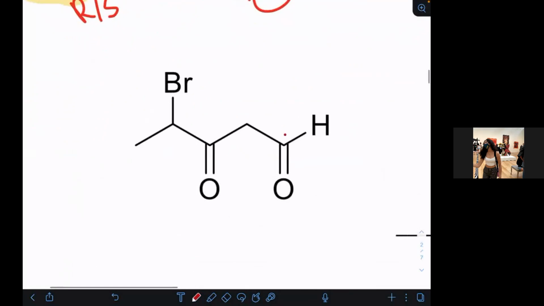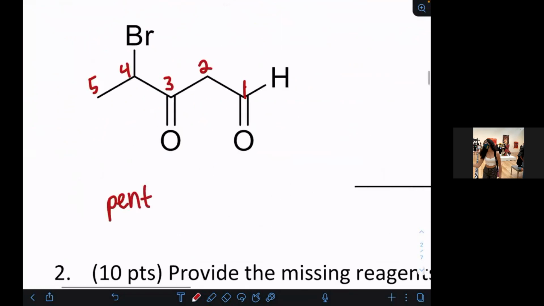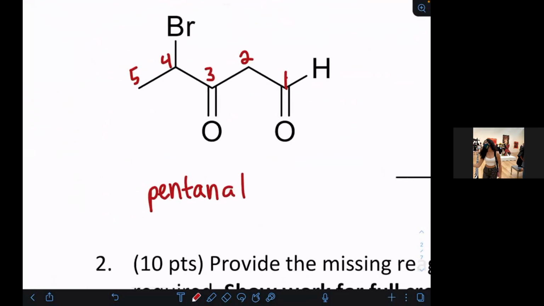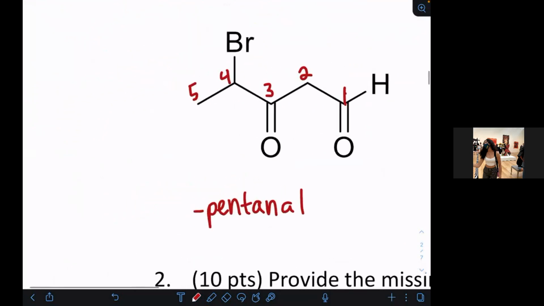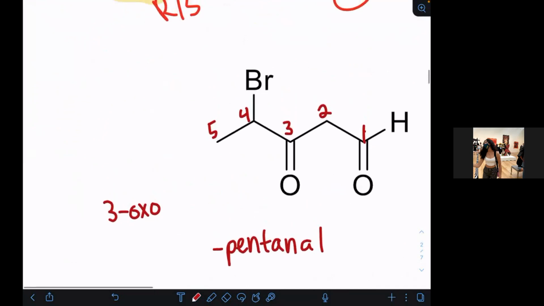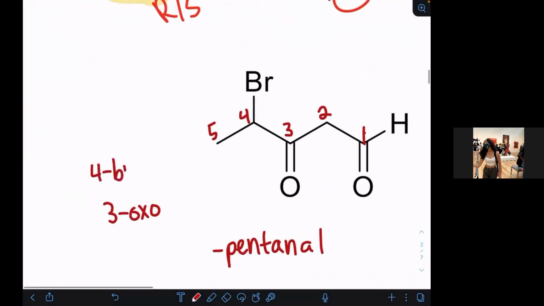So we'll start with the aldehyde, 2, 3, 4, 5. So pent and al for the aldehyde, and then we'll do, let's see, 3 oxo, and then we also have 4 bromo.